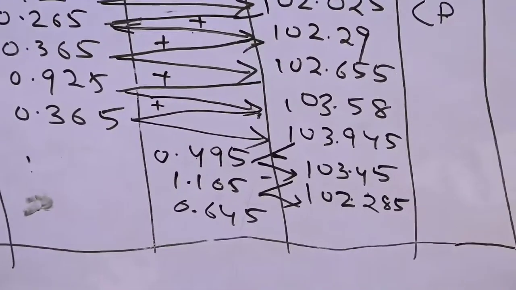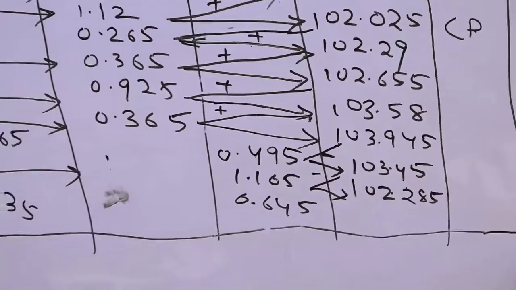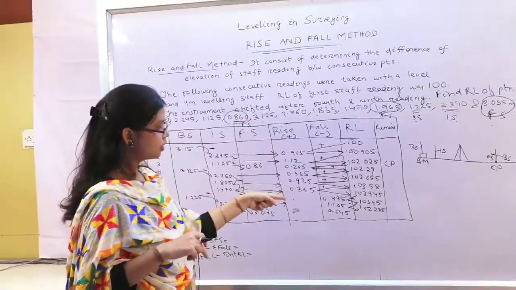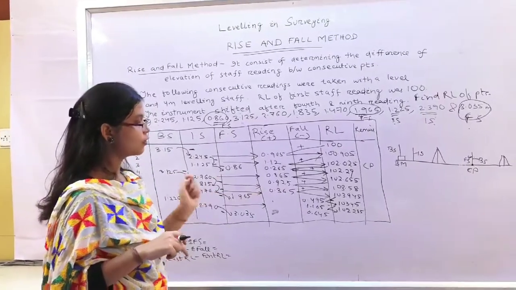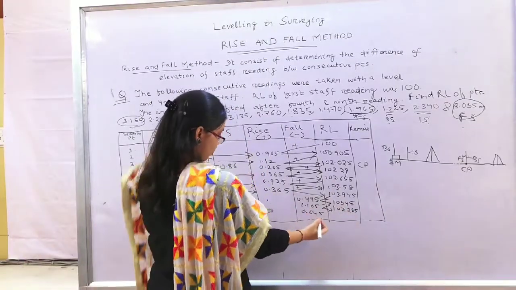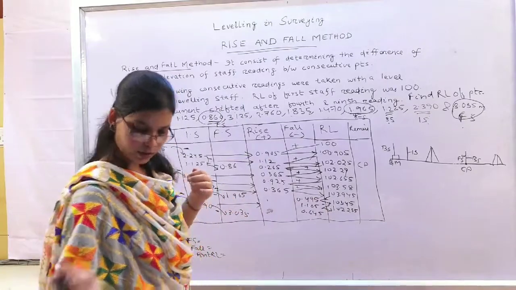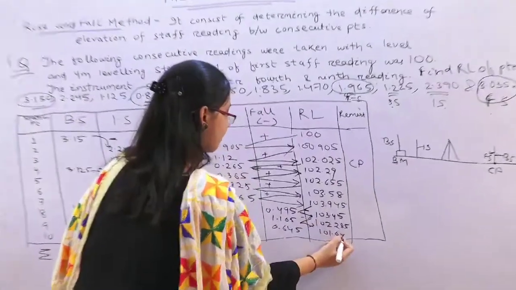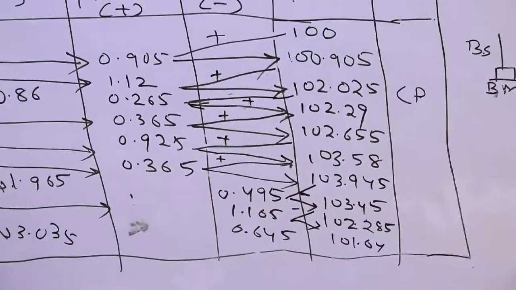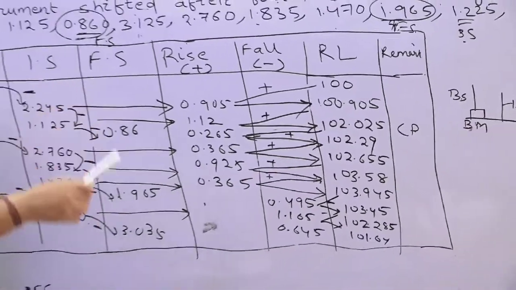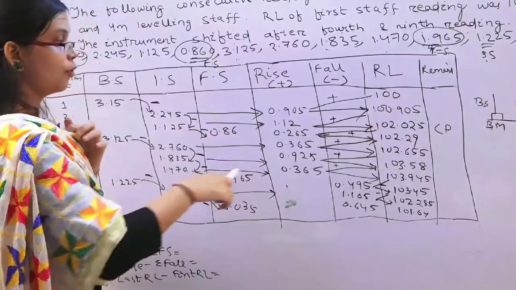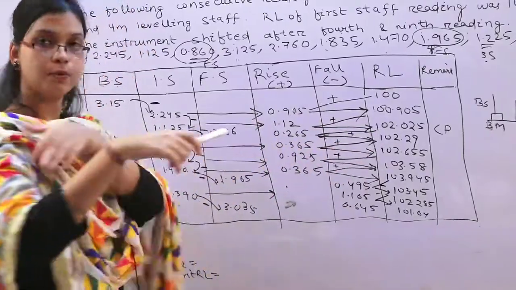Now again, from 102.285 we subtract, because the fall column is there, 0.645. 102.285 minus 0.645 will give 101.64. After solving all this, we sum the backside readings, the foresight readings, the rise and the fall, so that we can check whether our reduced level values are correct or not.